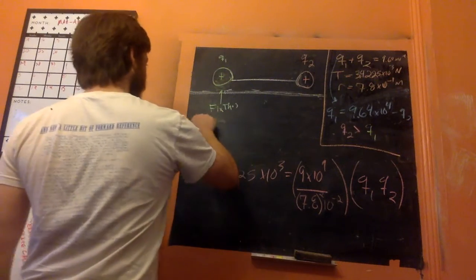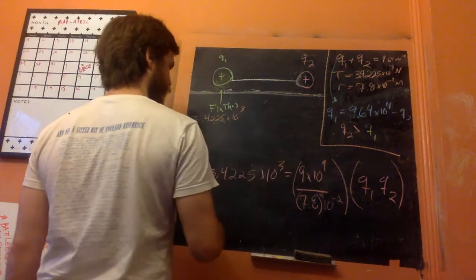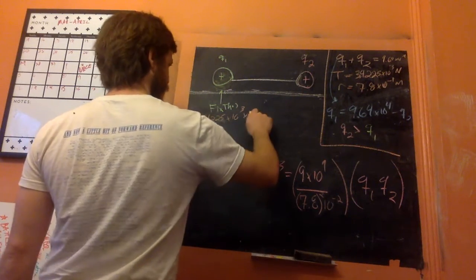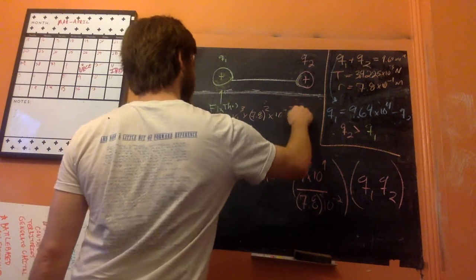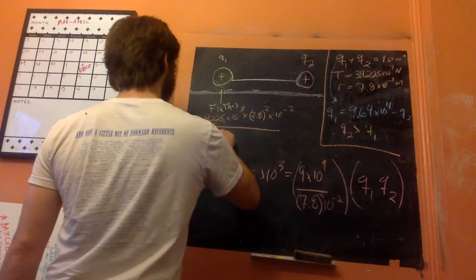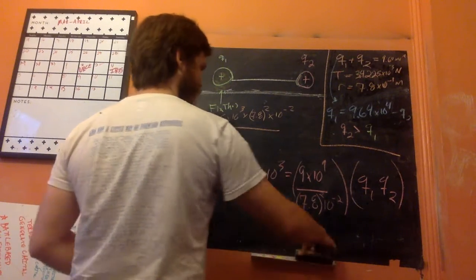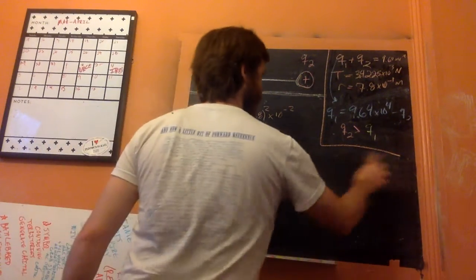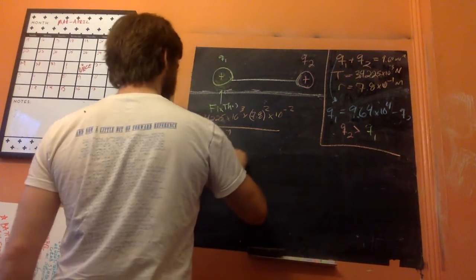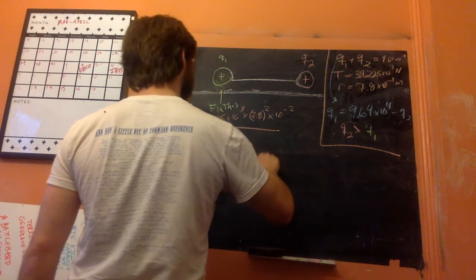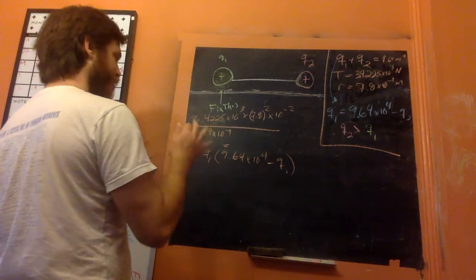So we get 3.4225 times 10 to the third times 7.8 squared times 10 to the negative 2 over 9 times 10 to the negative 9 is equal to, I'm going to erase this, and that's Q1 times this. It's equal to Q1 times 9.64 times 10 to the 4 minus Q1. Okay, so we've got an expression.